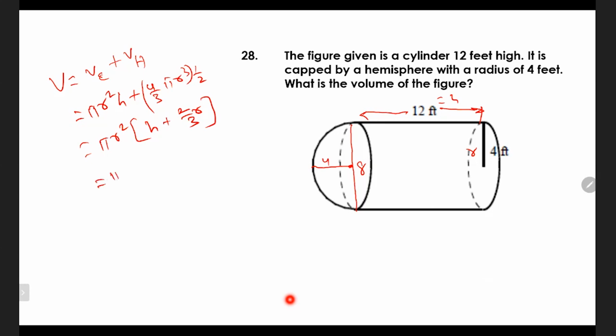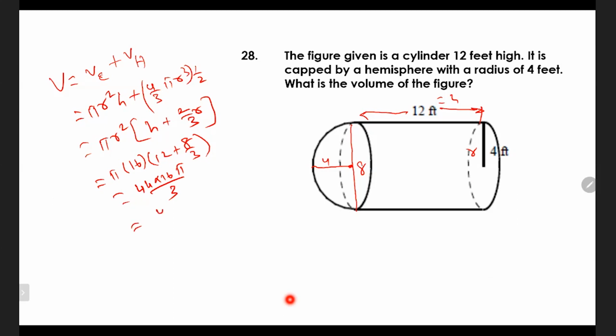So pi into 4 square is 16 into height is 12 plus 2 by 3 times r is 4, so 8 by 3. This is 36 plus 8, 44 into 16 pi by 3.